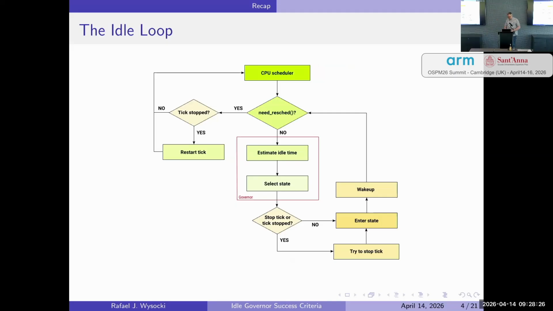After selecting the state, the processor is reconfigured to actually reduce power, and this is referred to as entering that state. But actually, this is basically about changing the configuration of hardware, to be precise.